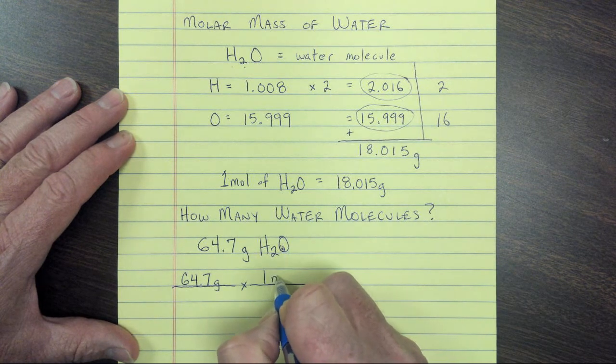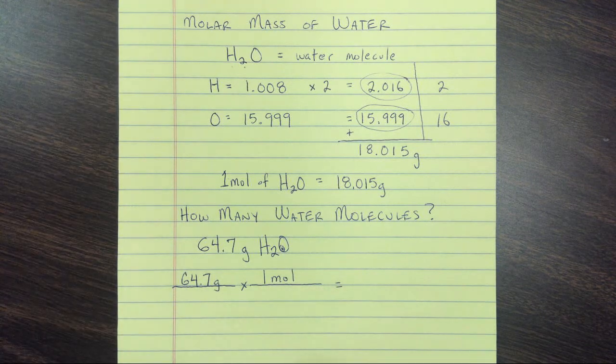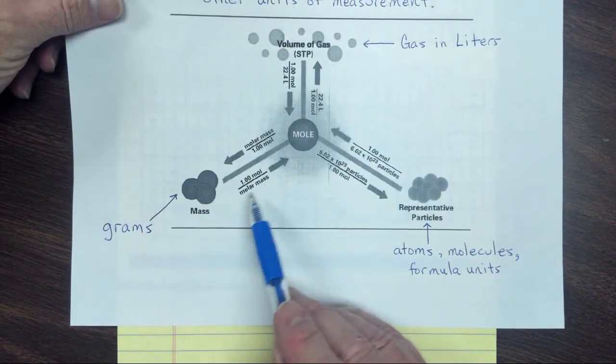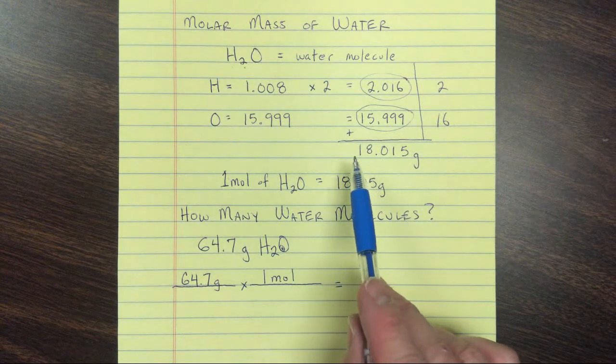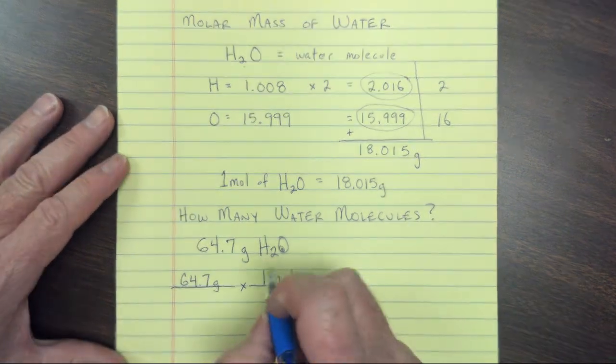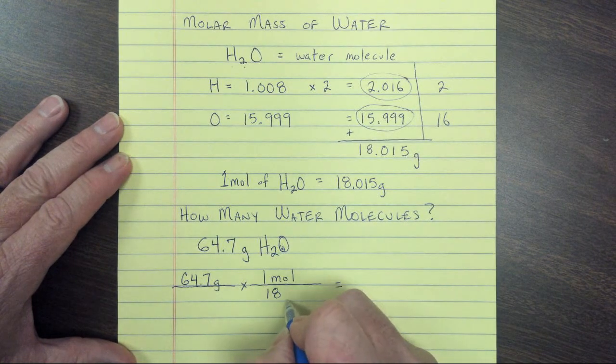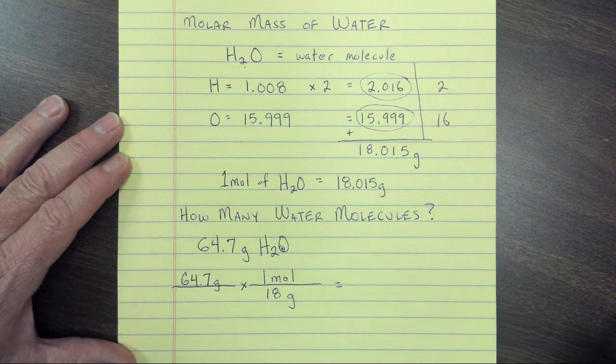And that conversion factor on my mole map said 1 mole over the molar mass. And I just told you the molar mass of water is 18.015 grams. I'm just going to round it to 18 to make it easier for you guys to follow along.